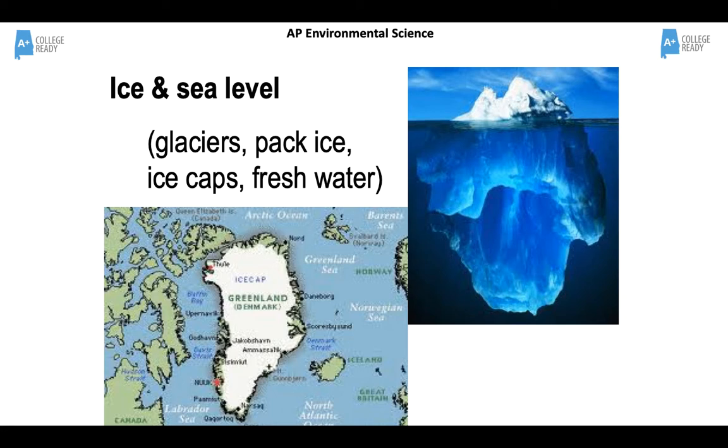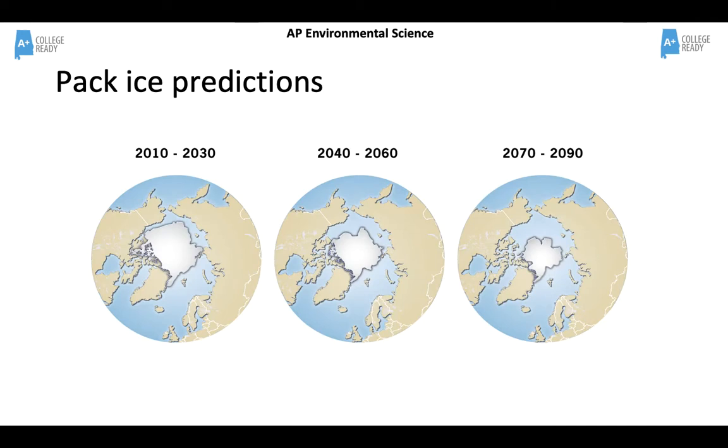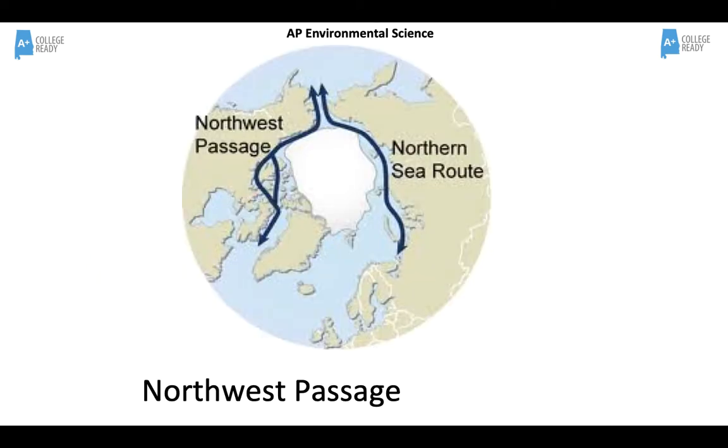However, we also know that the Antarctic, which is a continent of land covered in ice, and Greenland are both melting and losing ice cover every year. These are pack ice predictions. You can see that they are decreasing and predicted to continue to decrease, and alarmingly at a faster and faster rate.